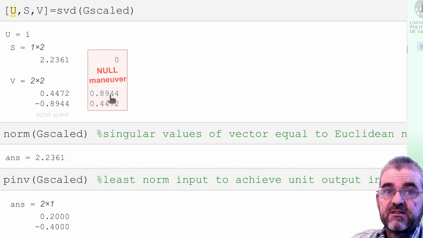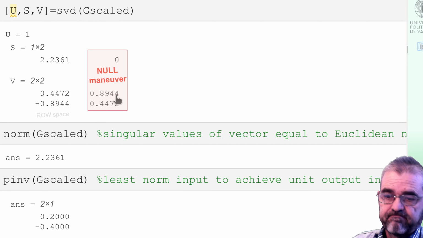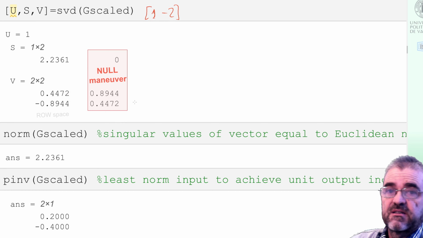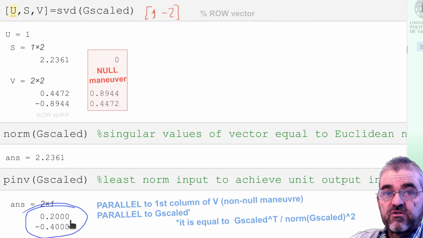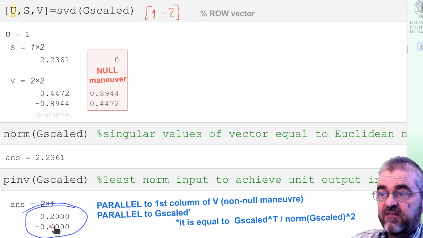So least squares, the minimum input increments achieving a given temperature, would be related to this principal maneuver and not to the null space. I mean, least squares ends up summarized in just avoid the null space. Indeed, if we compute the pseudo inverse of my G scaled, well, here we have it, and the pseudo inverse is 1 minus 2 divided by, instead of square root of 5 like V, square root of 5 squared, divided by 5.